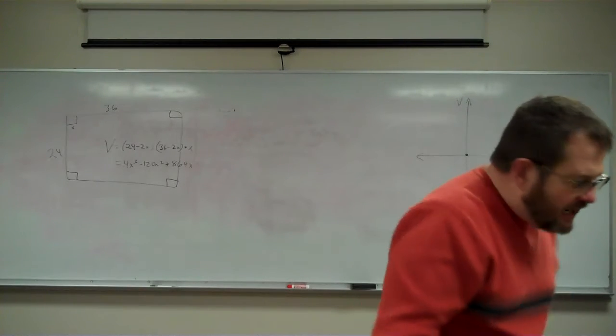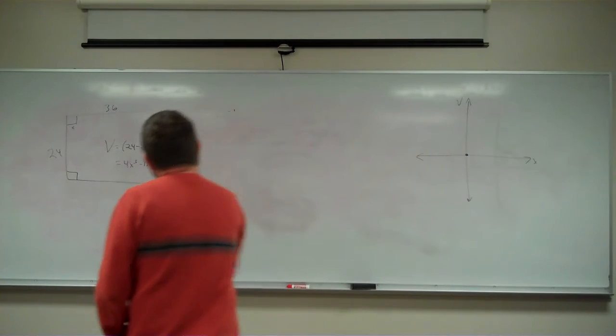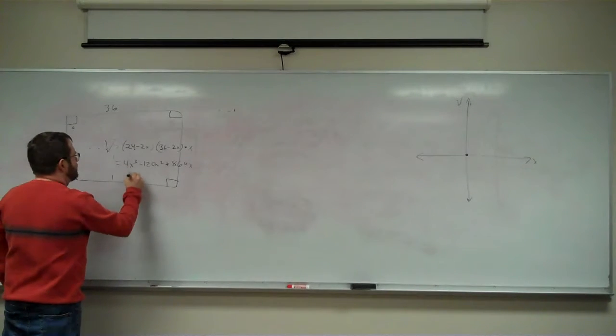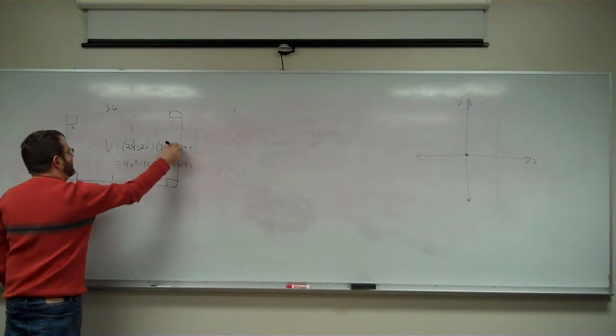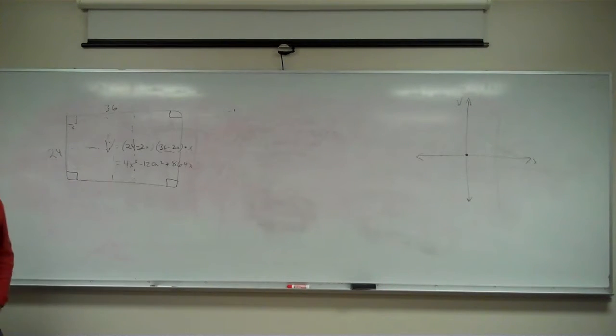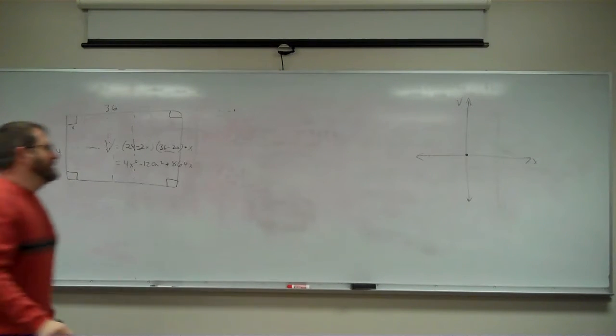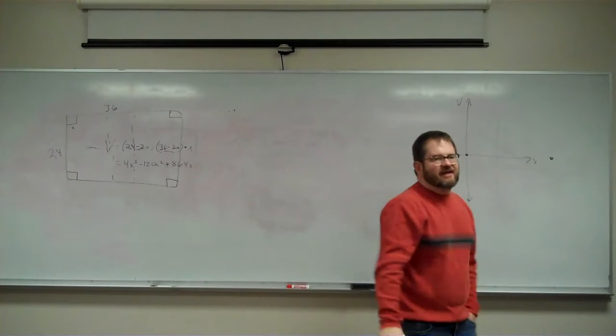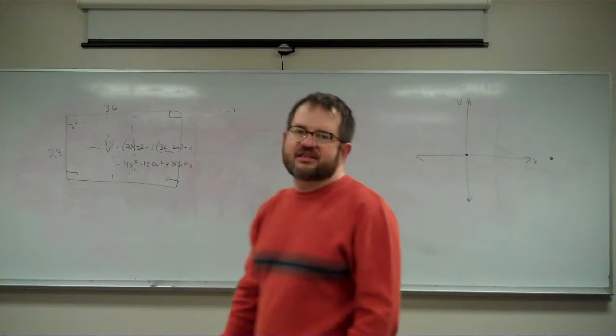And are we in agreement that I could cut far enough in that I'd lose the whole sides of the box again and it would be 0 again? There's some way out here someplace where I cut the box again and I have no volume. I've cut the corners too big.